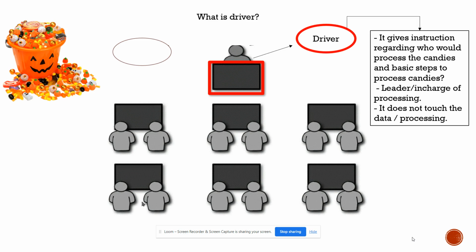The driver gives instructions regarding who would process the candies, who would eat the yellow candies in less than 60 seconds and eliminate the orange ones. The driver acts as a leader deciding the steps, but it does not touch or process the data. It only gives the instructions. That's the feature of the driver.